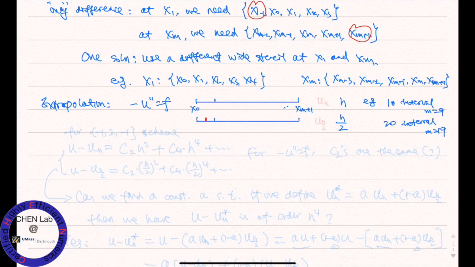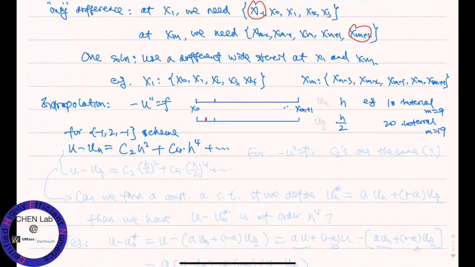For this particular equation, as we did the error analysis, the u minus uh, this is for the -1, 2, -1 scheme, is order 2. So this is actually equal to c2 h squared plus c4 h to the 4th, and so on and so forth.